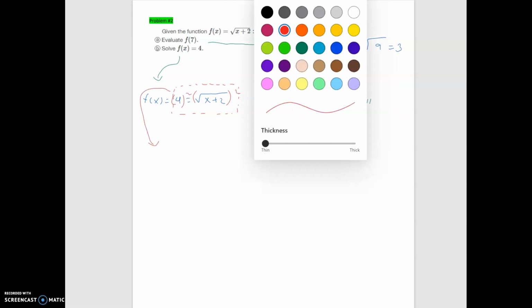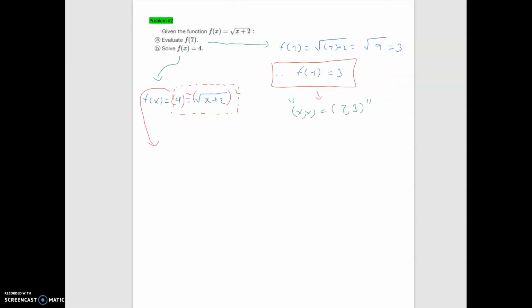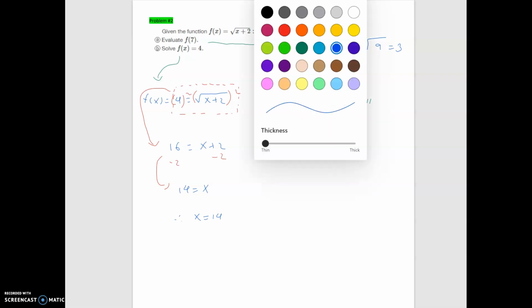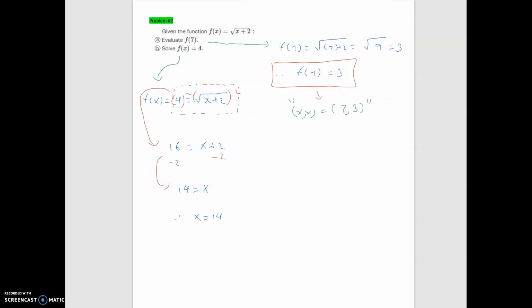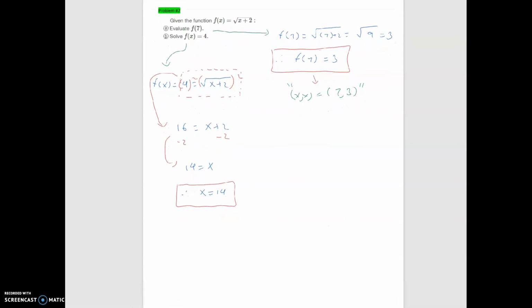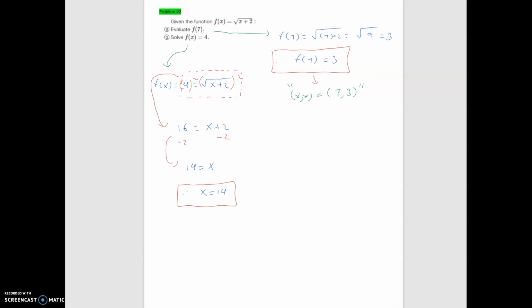This gives us 16 is equal to x plus 2. Then we'll subtract the 2, and we're looking at 14 is equal to x, or x is equal to 14. That would be our final answer for part B.